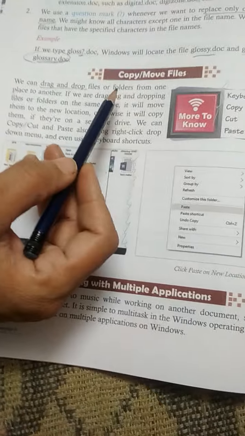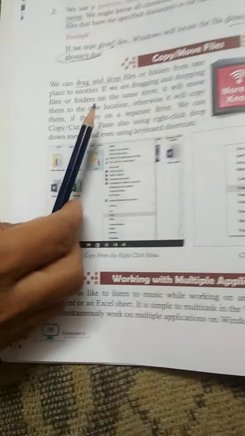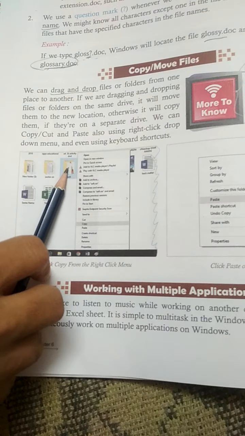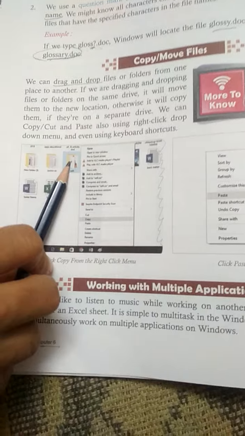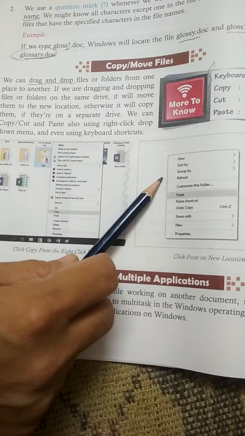Now the next feature is copy and move. It's also a useful feature and very easy to use in Windows 10. We just click the file we want to copy, and drag it to the new location with the help of the mouse.